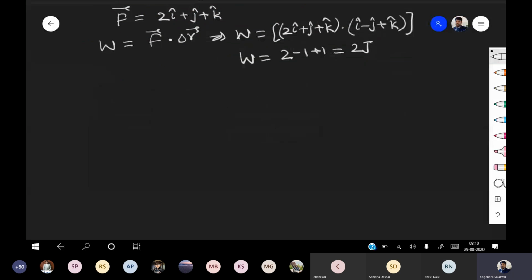Next question. If the magnitudes of two vectors are 4 and 6, so let's say A vector magnitude is equal to 4, B vector magnitude is equal to 6. And the magnitude of their scalar product is 12 root 2.